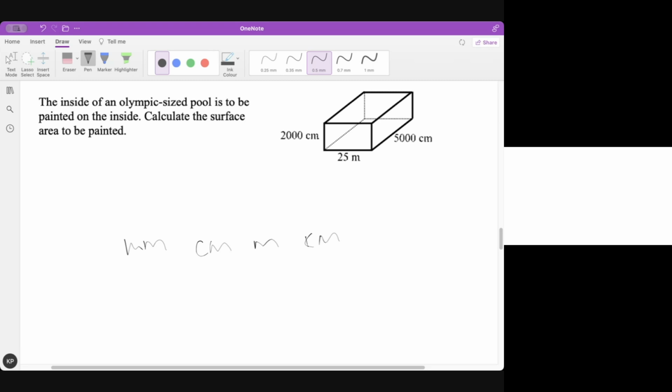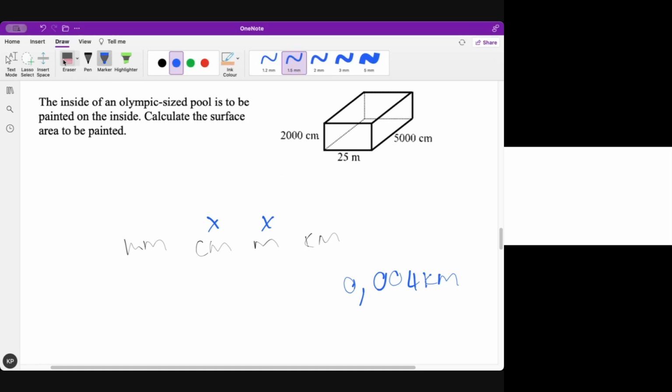It depends on the gift, right? But I think generally maybe between these two. Because it doesn't make sense to say go buy 0.004 kilometers of paper. Do you guys see what I mean? So a lot of these questions need you to apply logic and think about, does this make sense? So let's convert everything to meters because we're talking about a pool here.